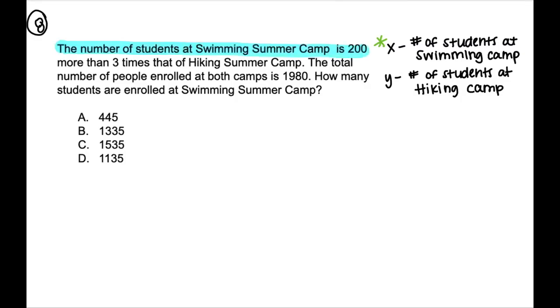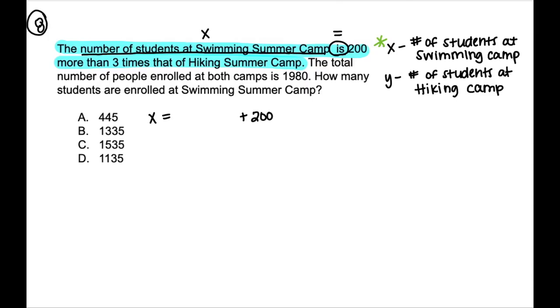All right, let's write our two equations. So the first sentence, the number of students at swimming summer camp is, so let's stop right there. The number of students at swimming summer camp, we called that x, is, and then we'll finish the rest of it, okay?